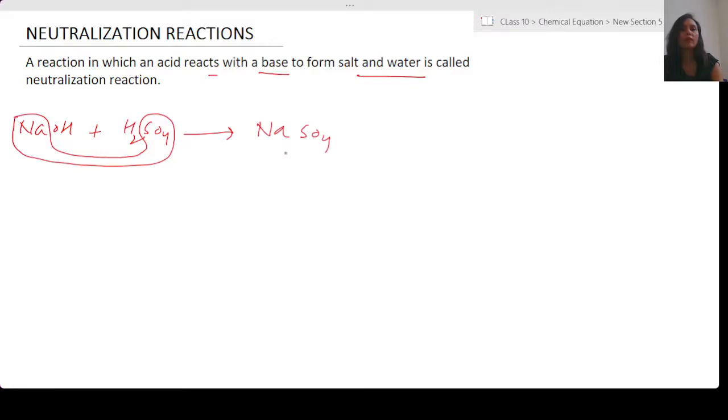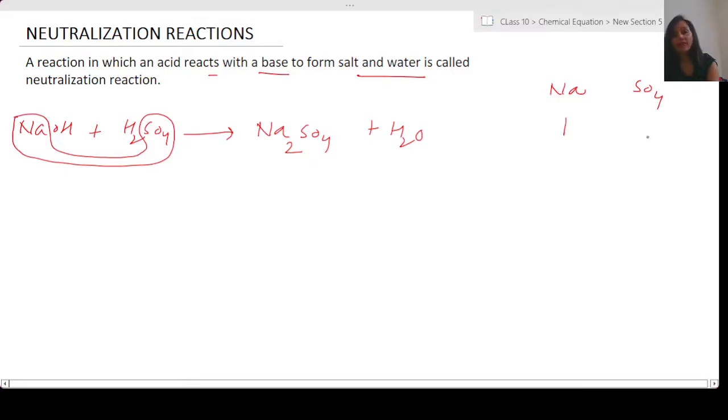The compound will be Na2SO4 plus H2O. Why have I written Na2SO4? Na is combining with SO4. Na valency is 1, but SO4 valency is 2. So this 2 will go to Na, this 1 will go to SO4. So the compound will be Na2SO4.